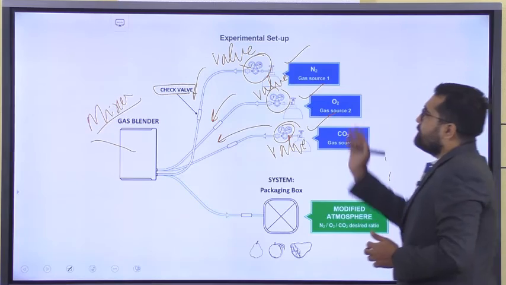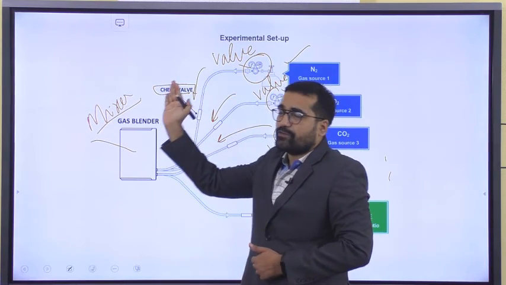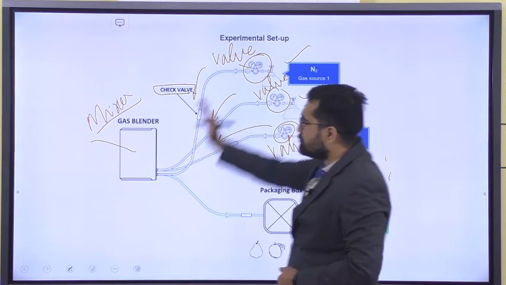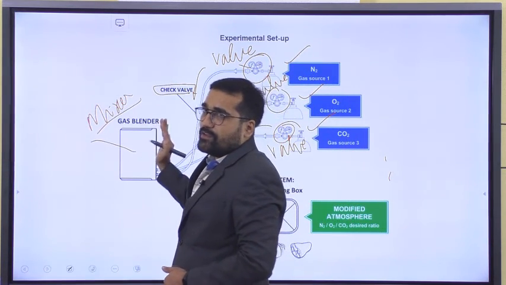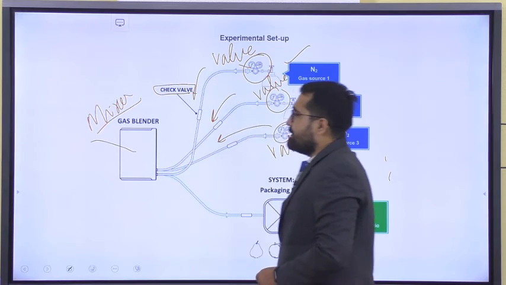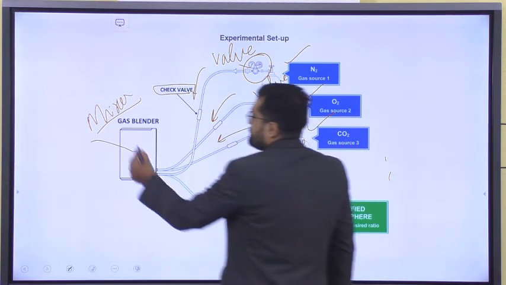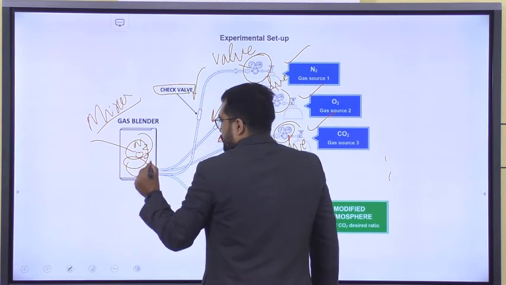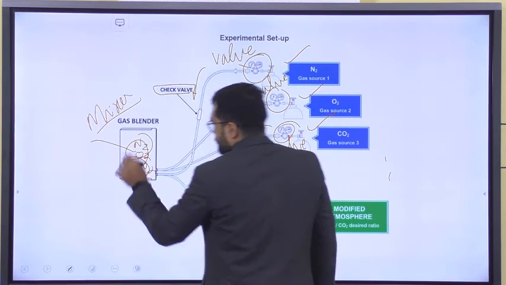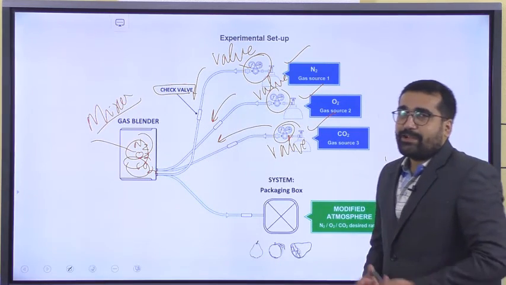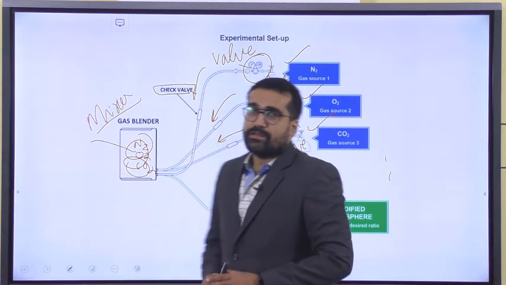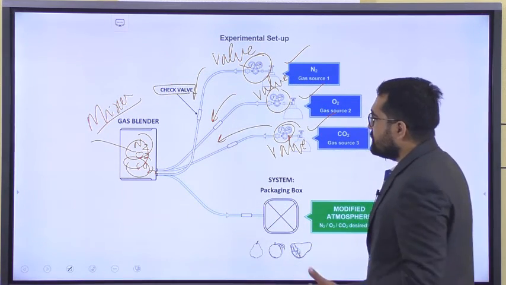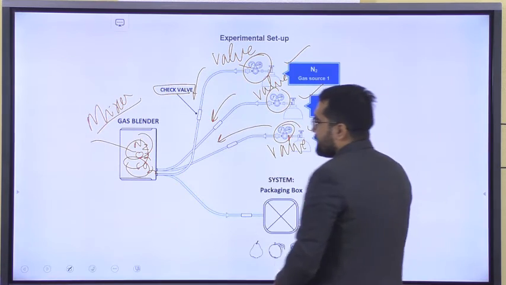When we permit the desired amount of discharge from the cylinders to the gas blender, all the gases, N2, O2 and CO2, get mixed, and we try to make the composition homogeneous with the help of the mixer. That's why we keep a gas blender.